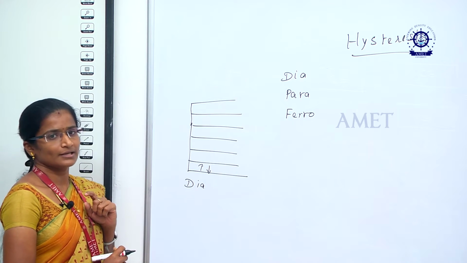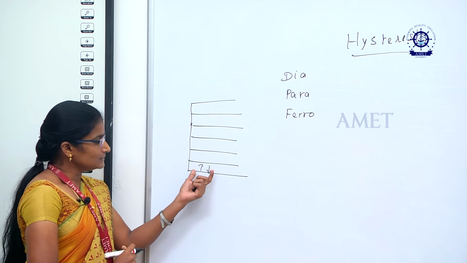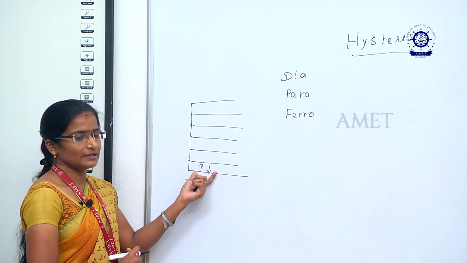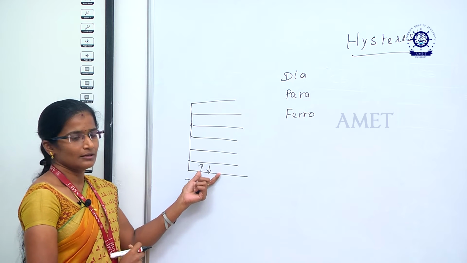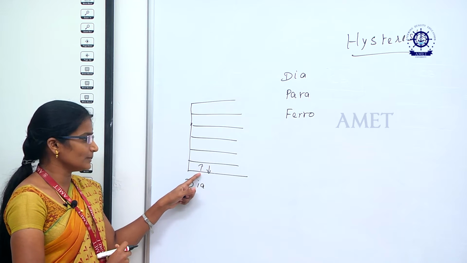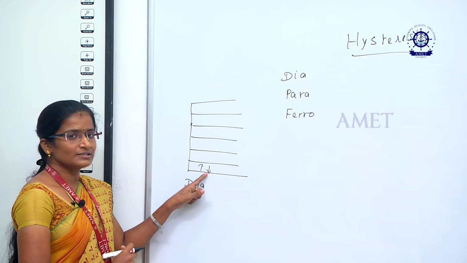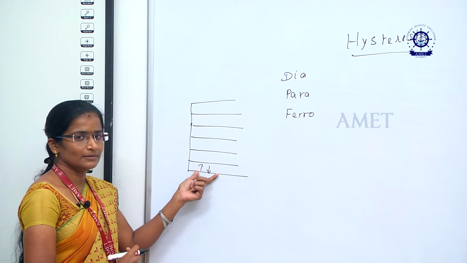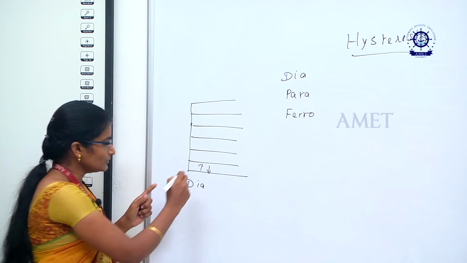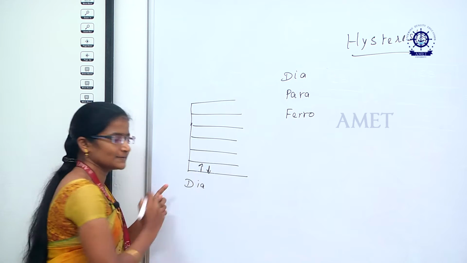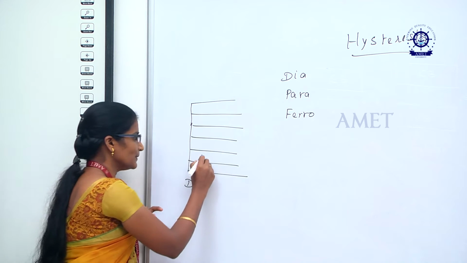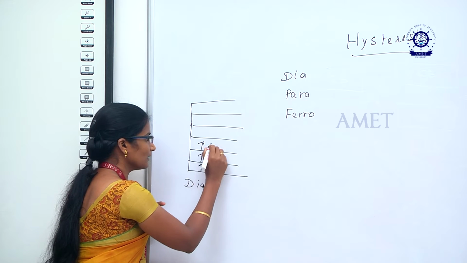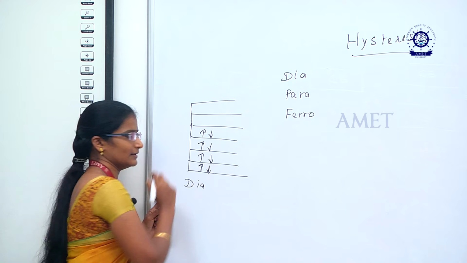According to Pauli's exclusion principle, electrons having the same spin do not exist in the same energy level or the same orbital. So electrons having different spins exist in the same orbital. The spin has a direction like this. So in the case of diamagnetic material, the spins are arranged in this manner.